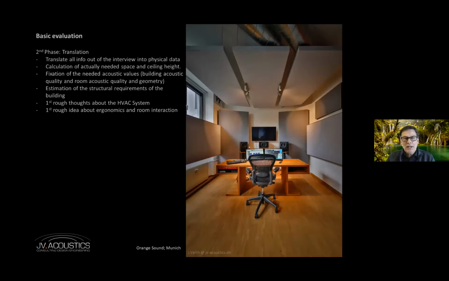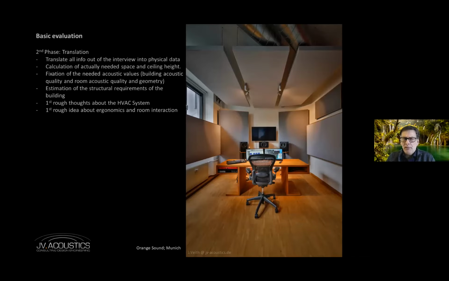The next phase is the translation. So this is all about translating all this info out of the interview into physical data. So kind of put numbers in dBs and so on onto it. Out of that, what kind of space do we really need? What ceiling heights do we really need?